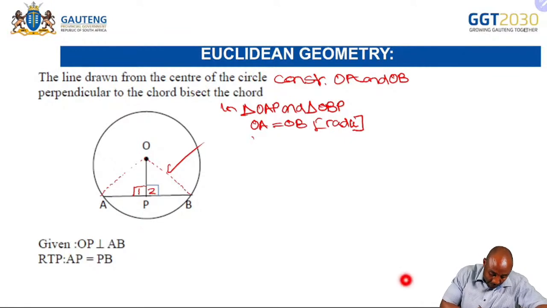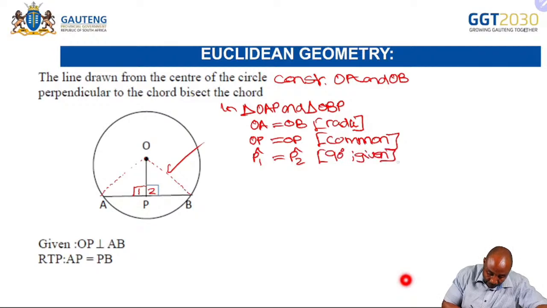And then also I know that OP is equal to OP. This is a common side. And then we also have our P1 is equal to P2. They are both equal to 90 degrees, and this is given.